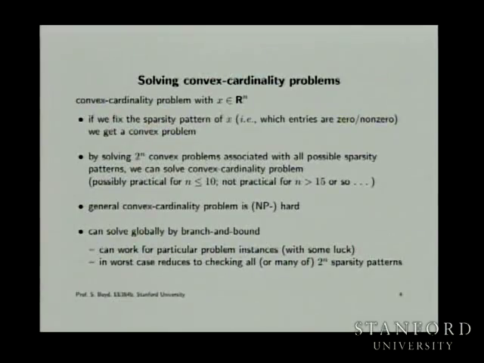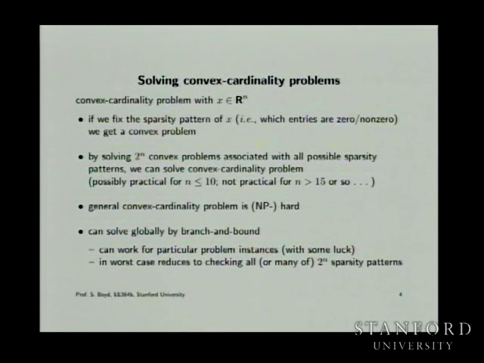Okay, so how do you solve these problems? Well, the first thing is this. If you fix the sparsity pattern of x, of which there are 2 to the n, to fix a sparsity pattern says that for each component, it's either non-zero or it's 0. There's 2 to the n choices like that. One choice is, of course, x equals 0. The other choice is x is full.